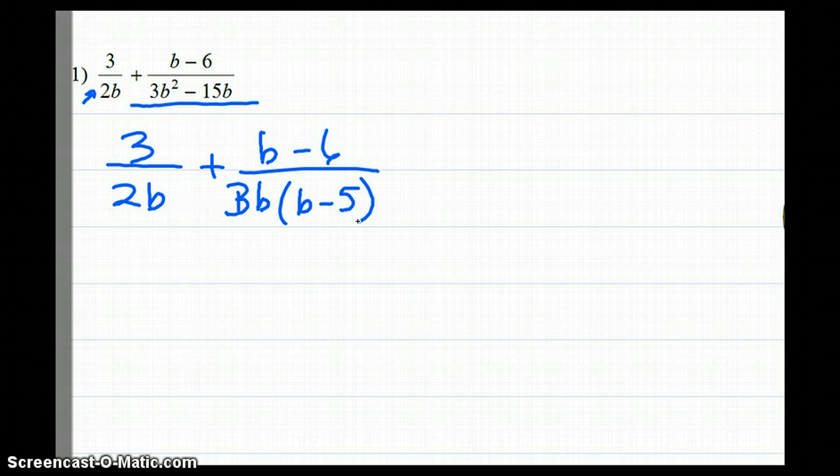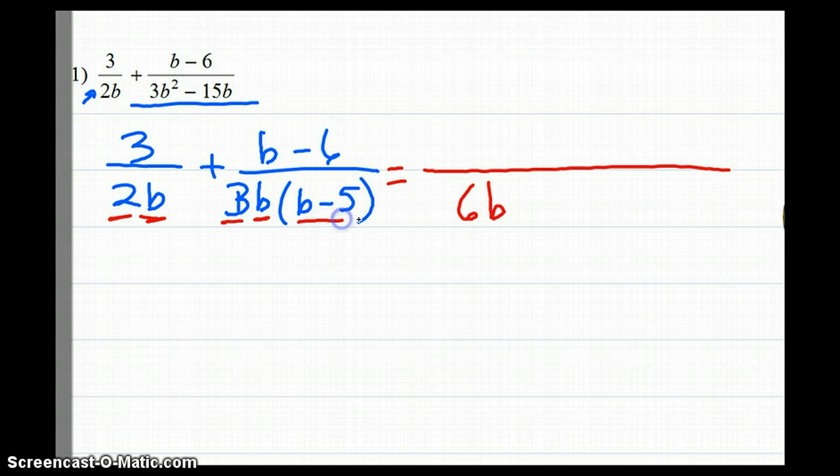Now when I talk about getting the least common factor, I see that b is common. The common factor between a 2 and a 3 is a 6. And then we're going to need this b minus 5.